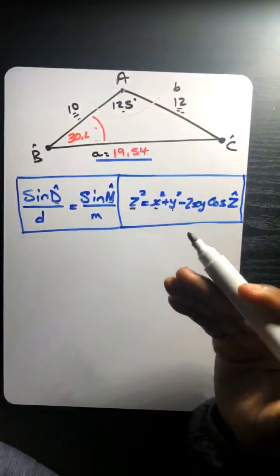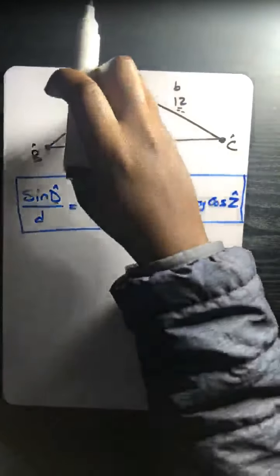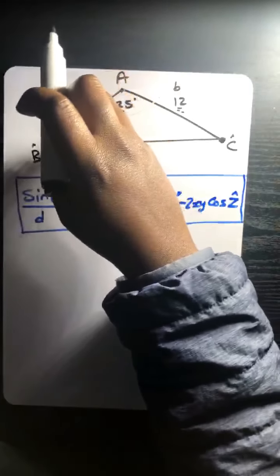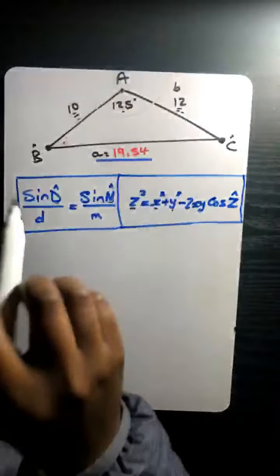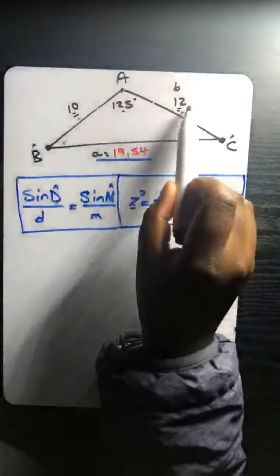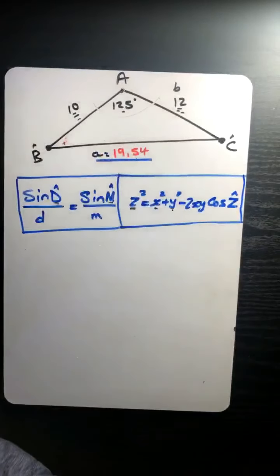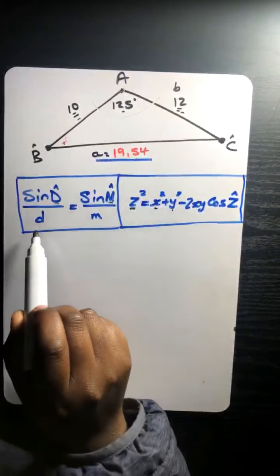For example, let me just for a moment remove that 30,2. If you have this side, this side, and that angle over there, for your information, it is not only the sine rule that you can apply.